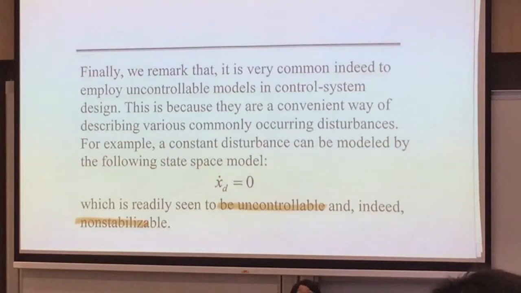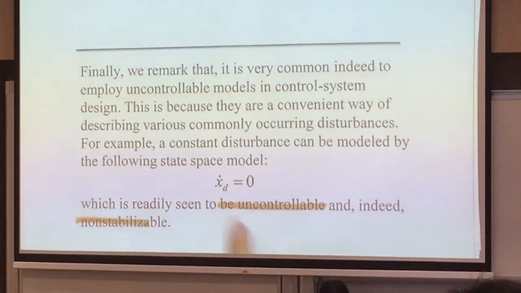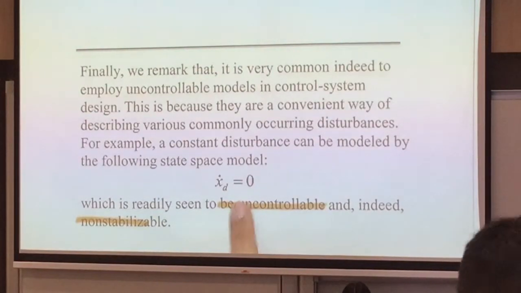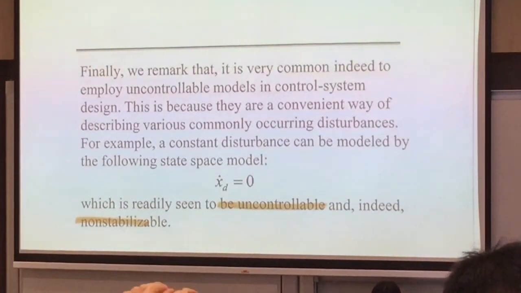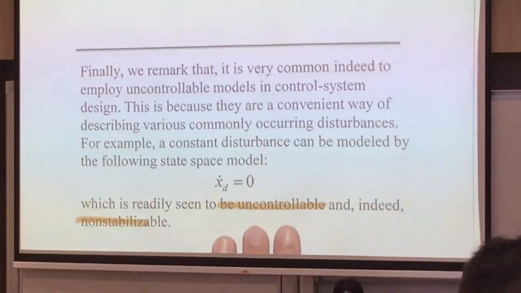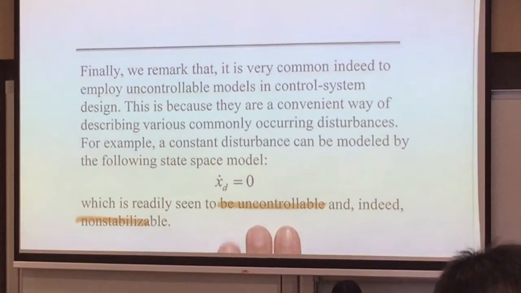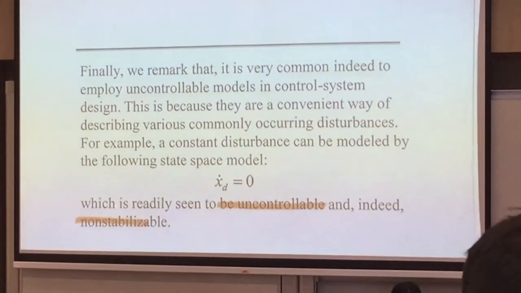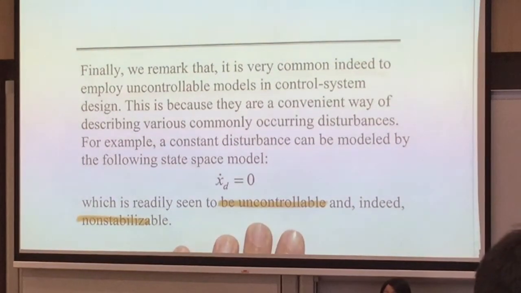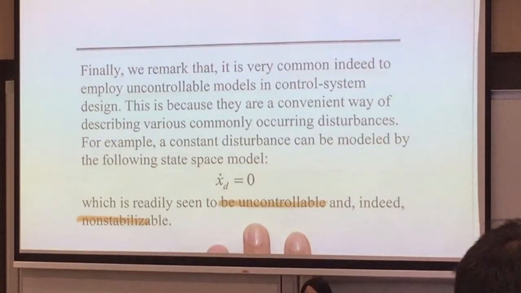An example of something that is uncontrollable and non-stabilizable is the constant disturbance model. If you apply the definition of controllability, we say that controllability is if you have an initial condition which is non-zero, you can bring the state to the origin in a finite time interval.